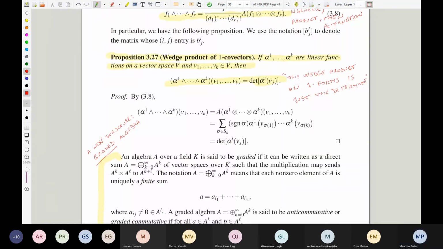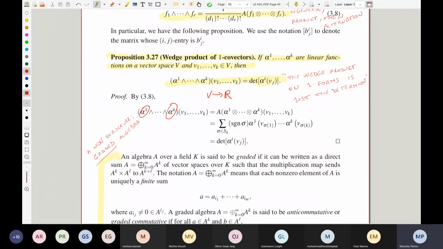If this is a basis of the dual space, each of them is an alternating form of degree 1, that means a map from V to R, alternating, because every linear map in one slot, in one input, one vector, is alternating.